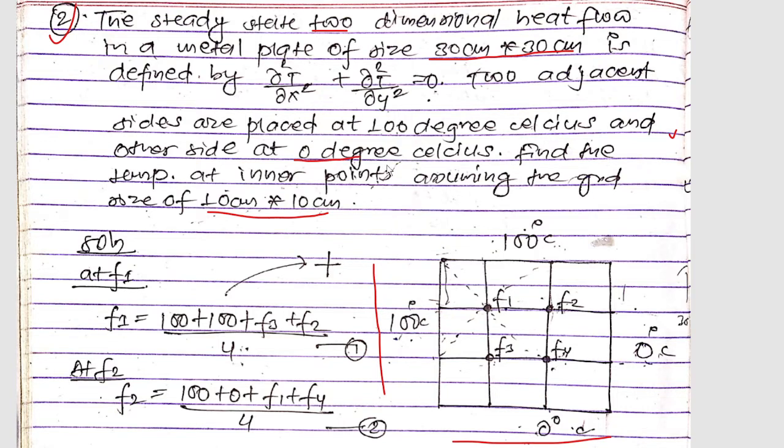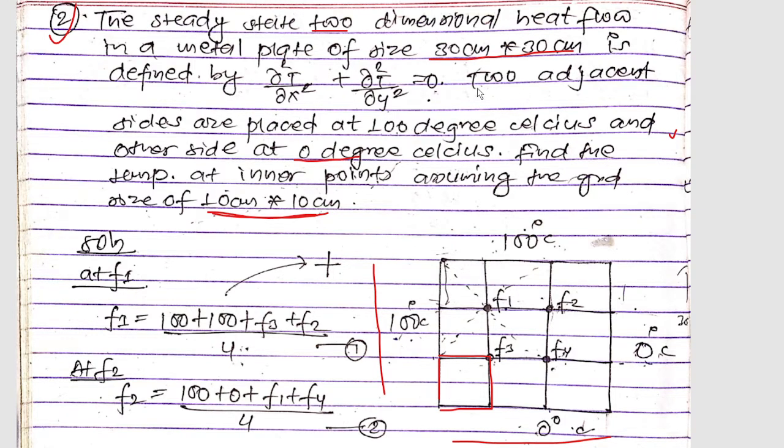The grid size is given as 10 cm into 10 cm. Here this is 10 and again this is 10 cm. We are given the Laplace equation as del square T upon del x square plus del square T upon del y square equal to 0.